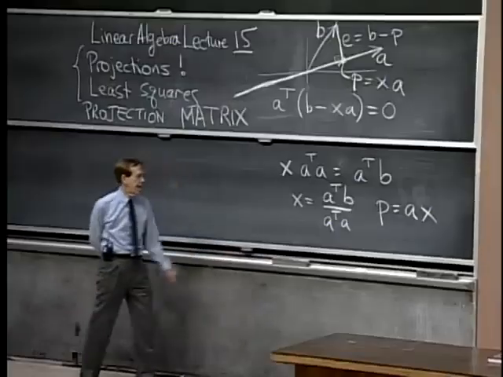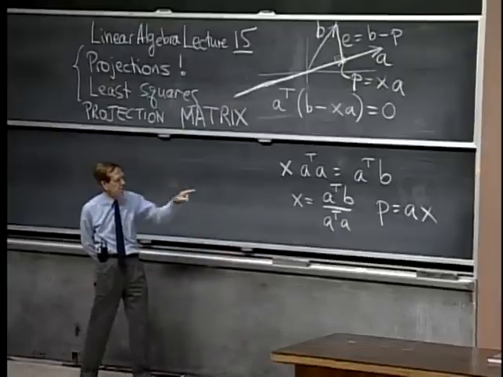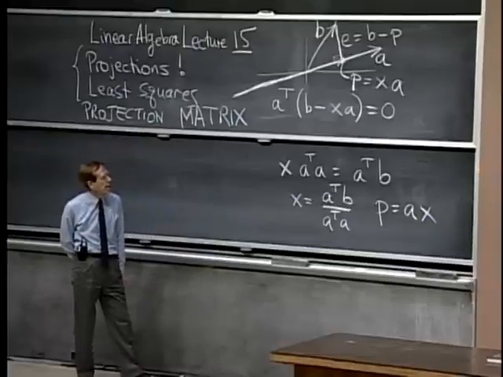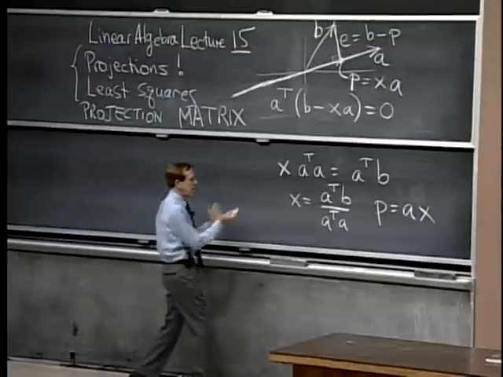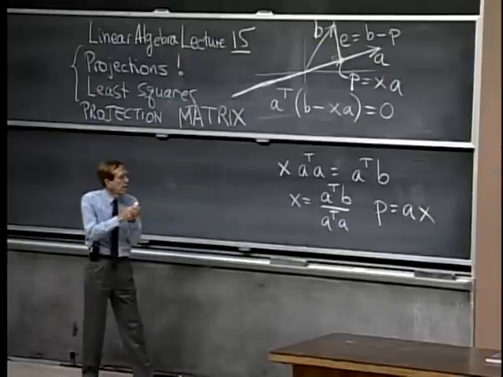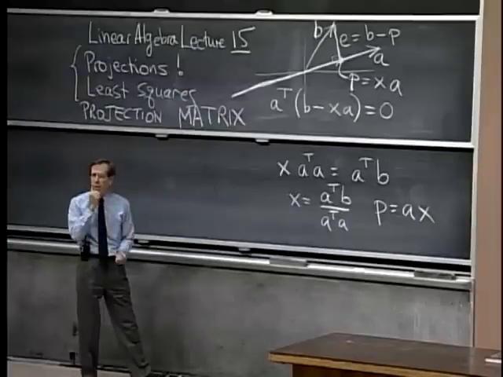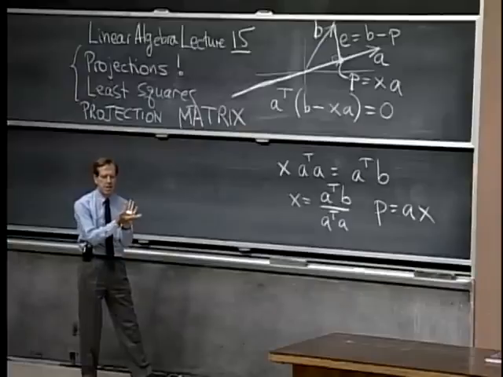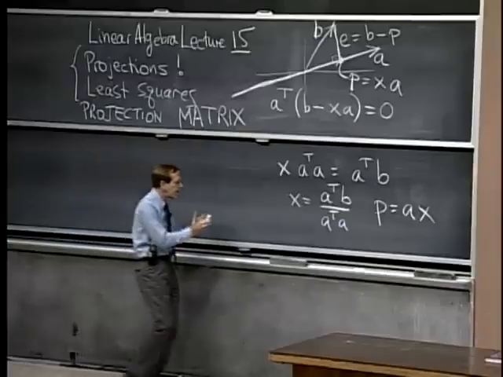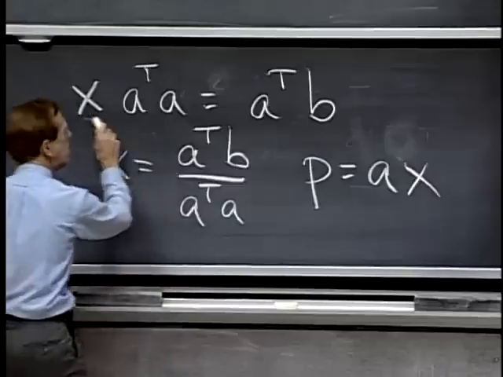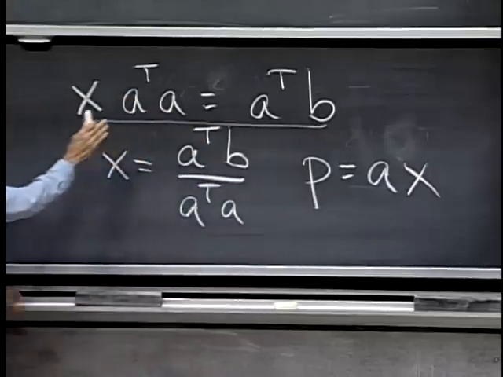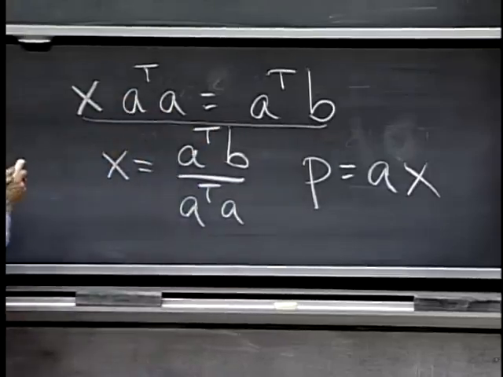But I'm really going to, eventually I'm going to want that X coming on the right-hand side. So you see that I've got two of the three formulas already right here. I've got the equation, that's the equation that leads me to the answer.